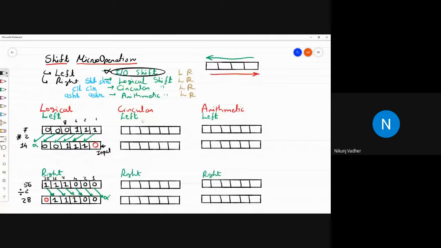So we'll be focusing on logical shift, circular shift, and arithmetic shift. Normally this IO shift will be used in types of registers.